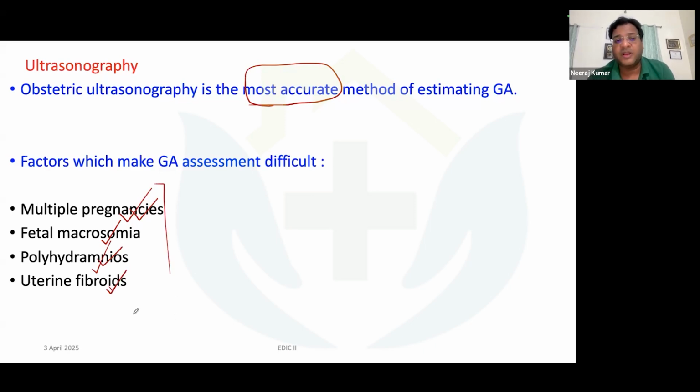So these questions may be asked in your examination: what are the factors which make the GA assessment difficult, especially on obtaining ultrasonography. So these are the few findings where you may have difficulty.